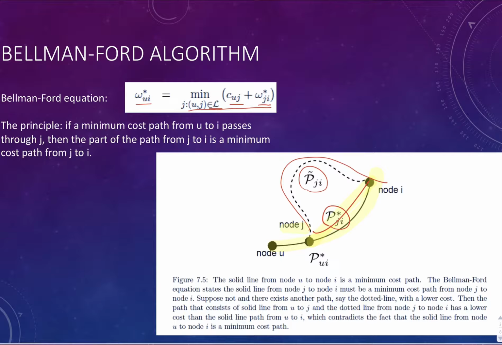Well, in that case we could concatenate the path P_JI tilde to the path from node U to node J and improve the overall cost from node U to node I, which is a contradiction. So that proves the principle.